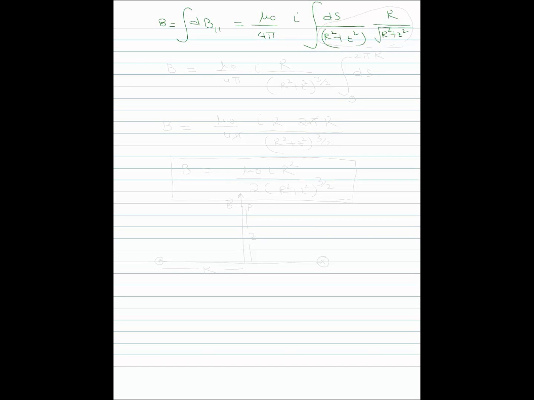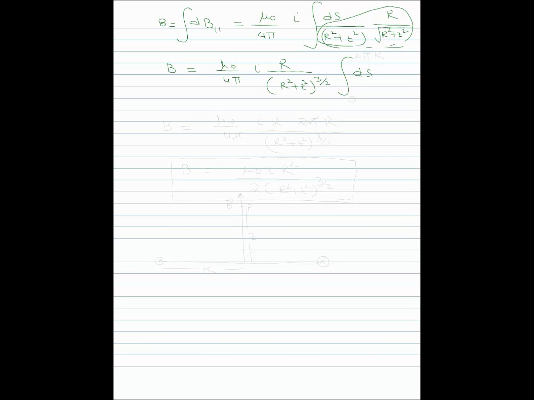And notice that the square root just means to the power half. So basically B then is mu 0 over 4 pi I times this whole thing. Notice also that R square and z square do not change, so we can actually pull them out of the integral. They don't need to be inside the integral. All of these things here are constants, so we can just pull them out. And also this times the square root here gives us a power of 3 halves. So basically what we have is R divided by R square plus z square to the power 3 over 2. And then we have the integral ds.